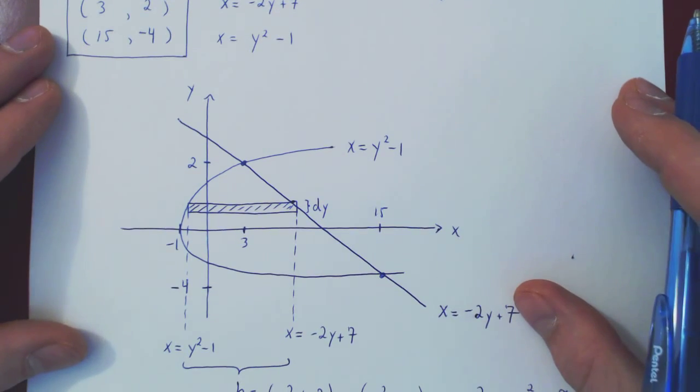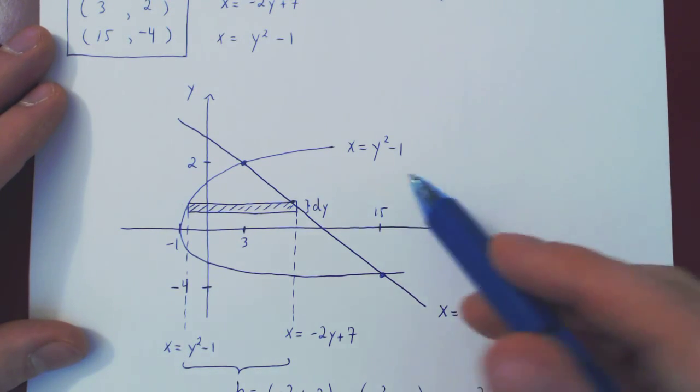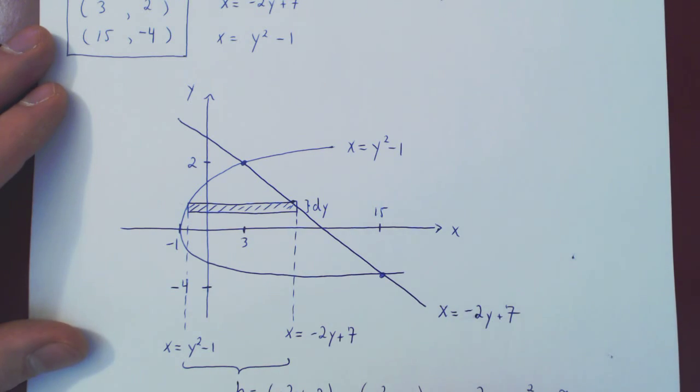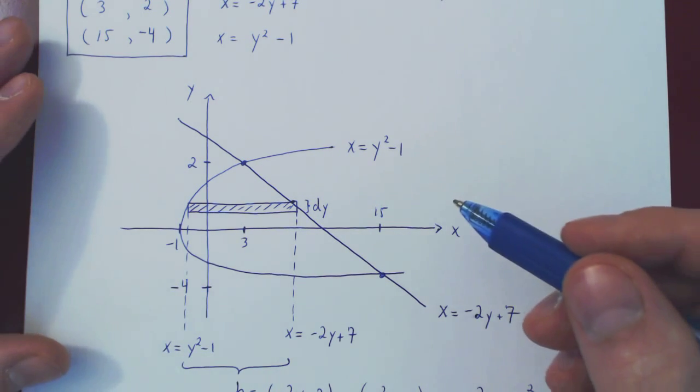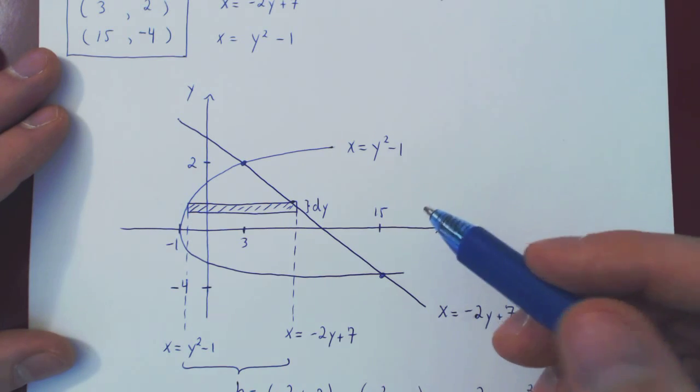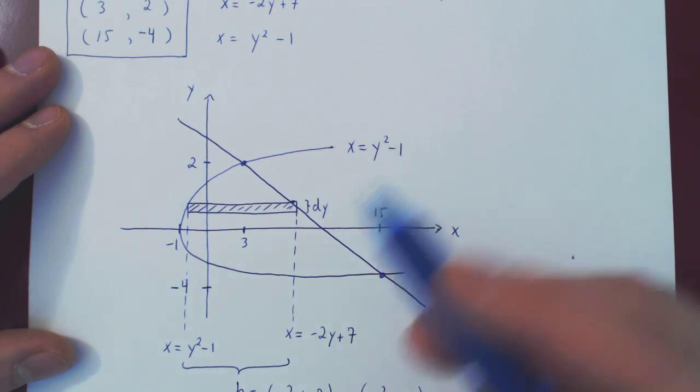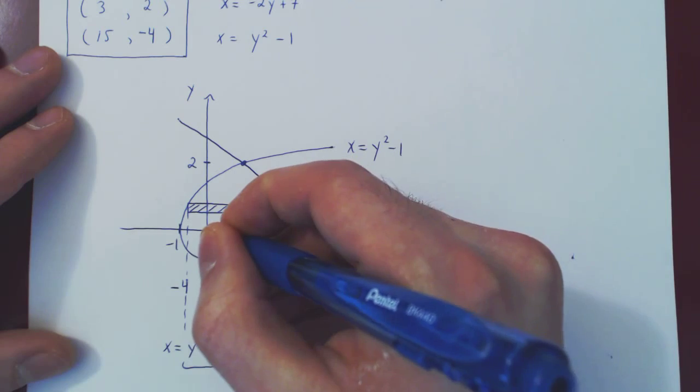So how could we be smart about this and be able to convert back to y being a function of x? The idea is, what if we were to make a reflection in the xy plane about the line y equals x?